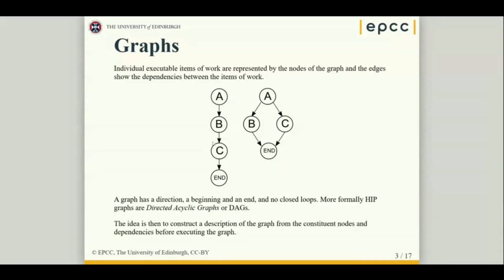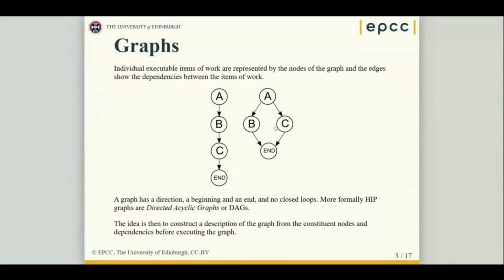On the left we have a stream. On the right we have a graph. Imagine that B and C are two kernels, and A is a memory transfer. So kernel B and kernel C need to wait for the memory transfer to be done. That's why we have these dependencies.